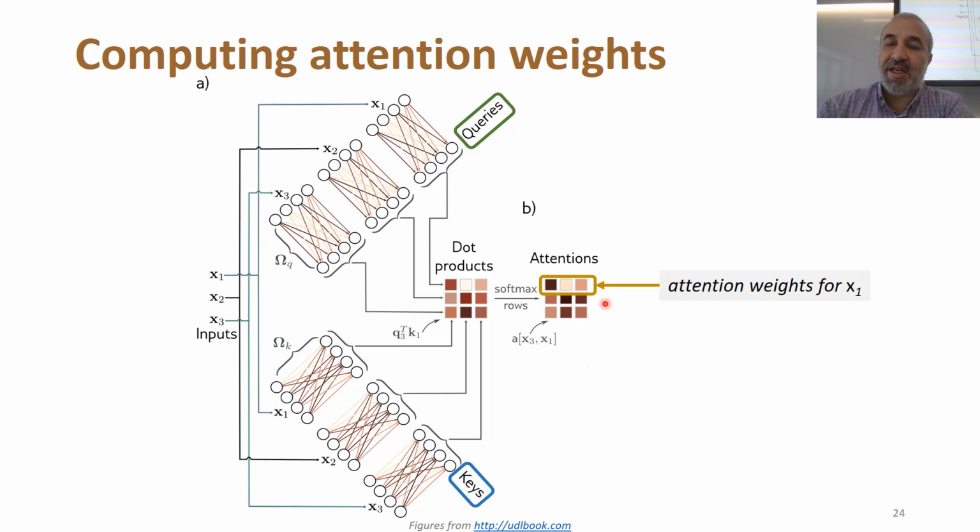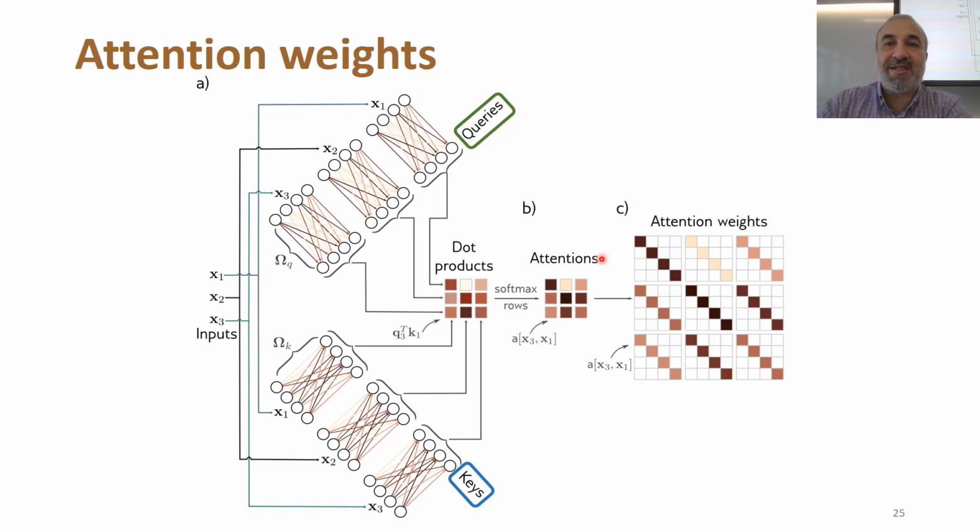So these are the attention weights for x1, and this is the whole matrix that we saw before, but it reflects these individual self-attention weights in the entire matrix. You can see that this weight is repeated here, and this weight is repeated here, and this weight is repeated here, if you want to think of it as a transformation matrix between the values and the output vectors. Any questions on that?